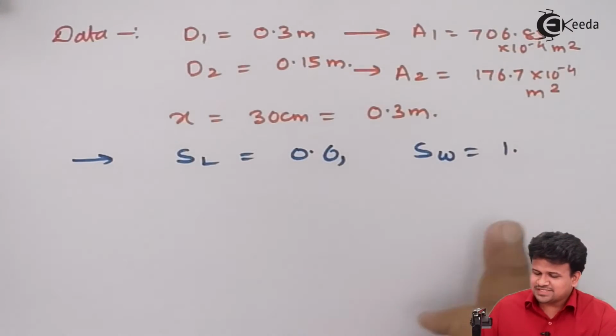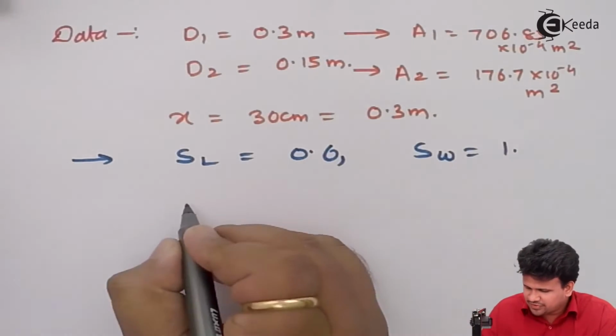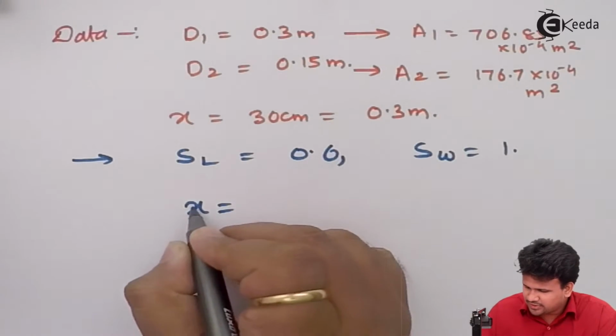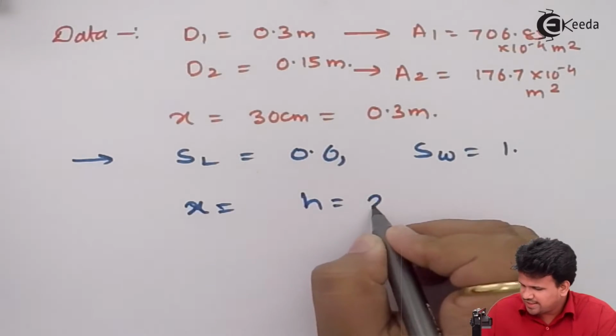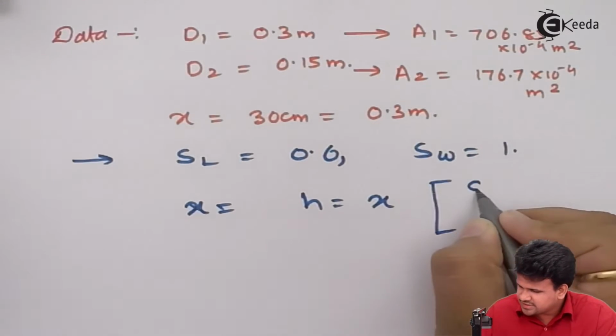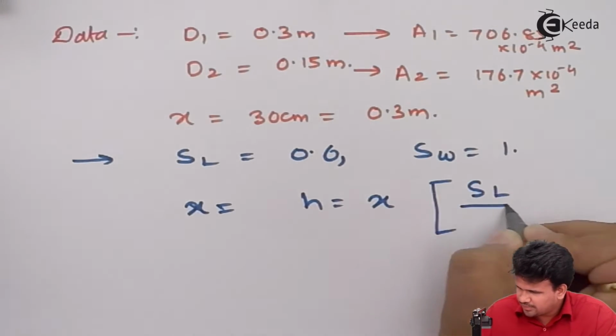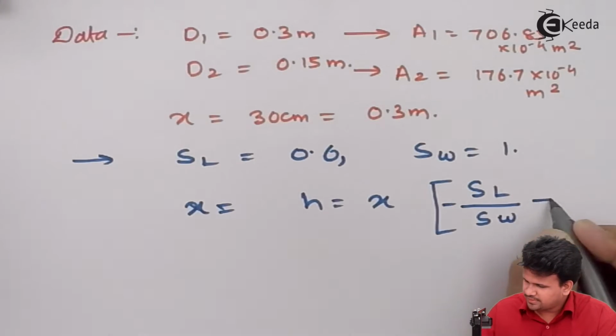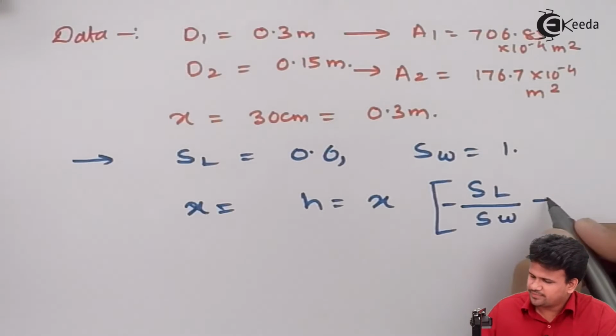So when we have this kind of condition, we have to apply this formula. H is equal to X into S of liquid upon S of water minus of S of liquid plus 1.